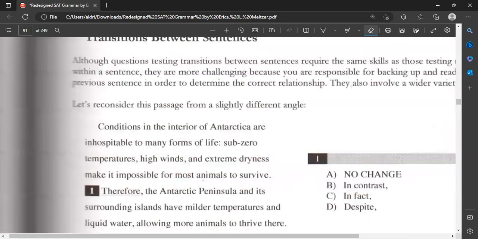Let's look at transitions between sentences. So we've been looking at transitions within a sentence, but let's look at transitions between sentences. And it's pretty much just the same thing. Let's see what you guys can see from here.